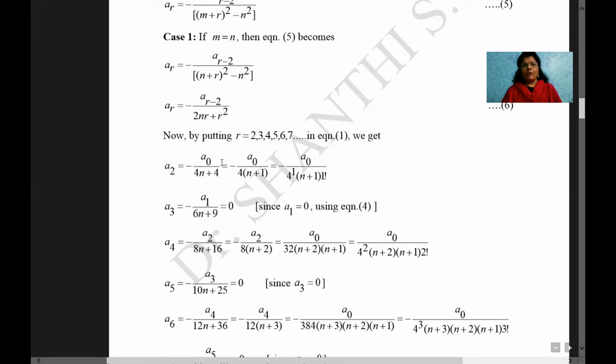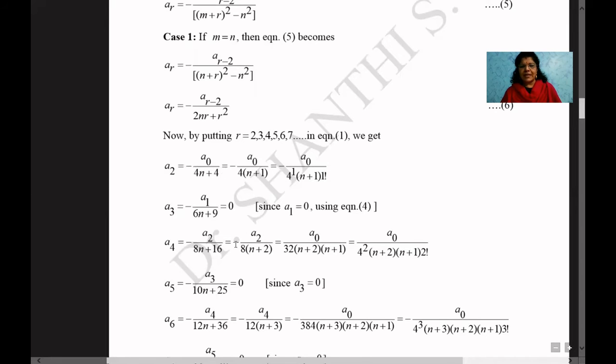Now a4. How will you get a4? If I substitute r is equal to 4, the third term. So a4 will be minus of a2 divided by 4 into 2n, 8n plus 4 square, 16. 8 is common, which I am taking outside. So this is 8 into n plus 2. But what is the value of a2? a2 is minus of a0 divided by 4 into n plus 1.